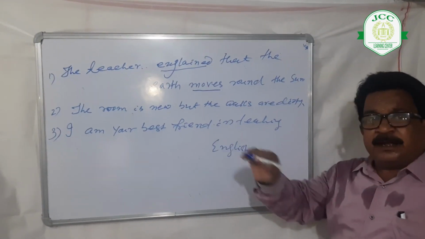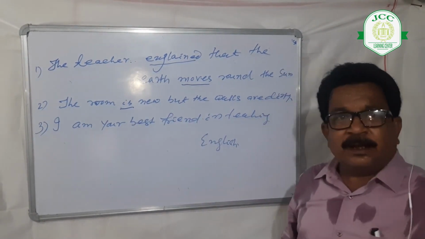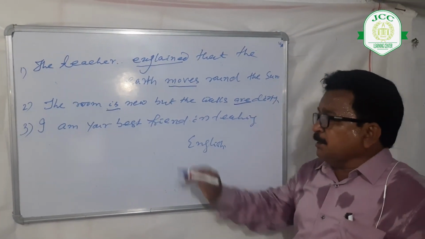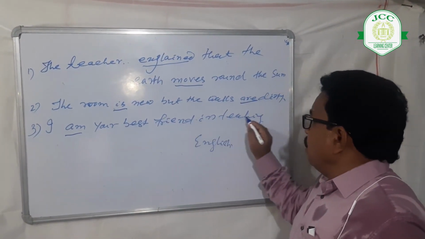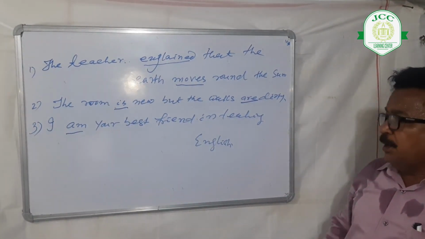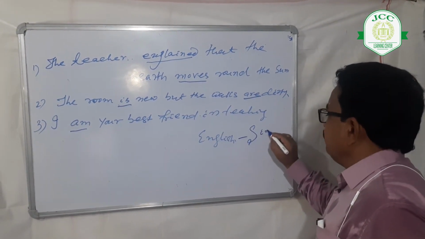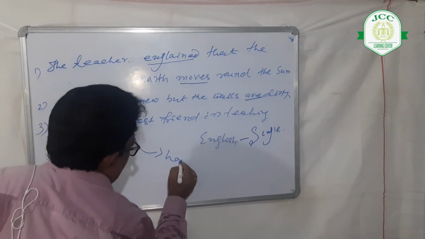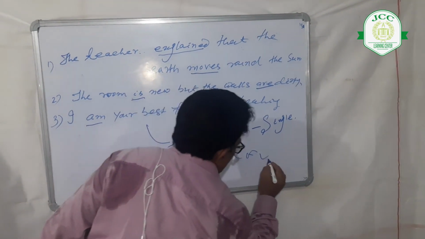In the second sentence, which is the finite verb? Is there any other? Yes, or. In the third sentence, any other? No. Okay, the third sentence is what? Simple. Why? Having one finite verb.